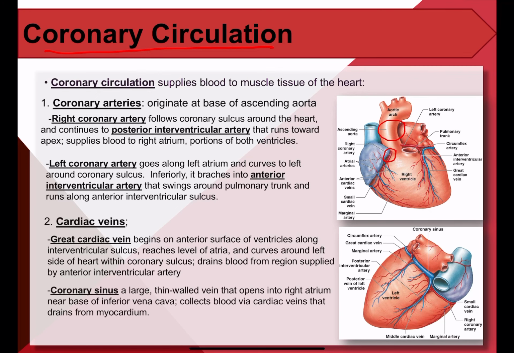Okay, so coronary sinus. This great cardiac vein collects blood from the anterior portion of the heart, goes around backwards into this main drainage area called the coronary sinus, and then the middle cardiac vein will collect blood from the posterior portions of the heart into the coronary sinus as well.